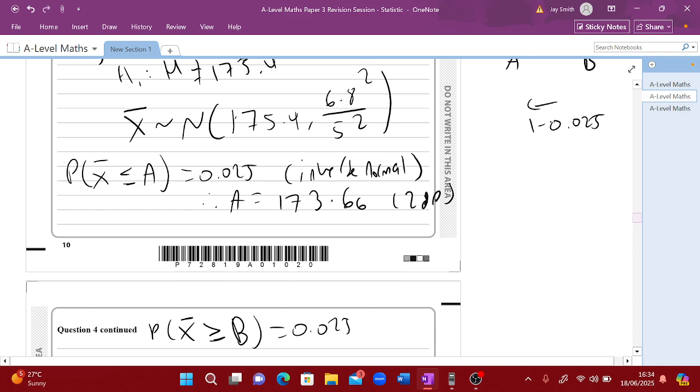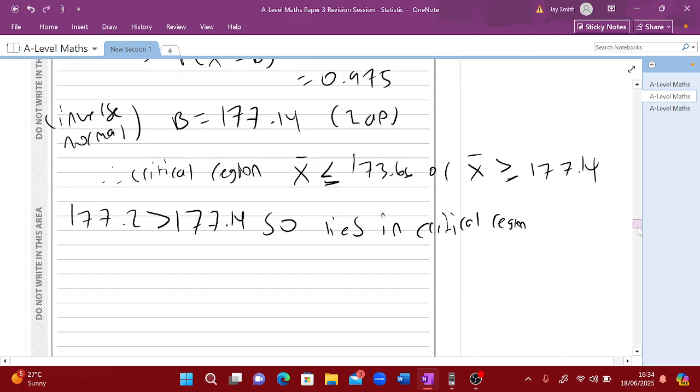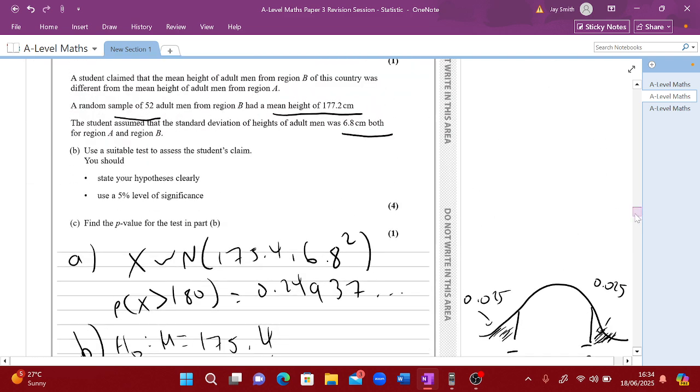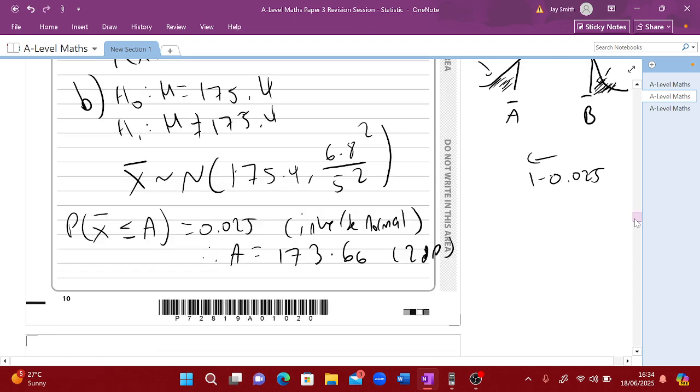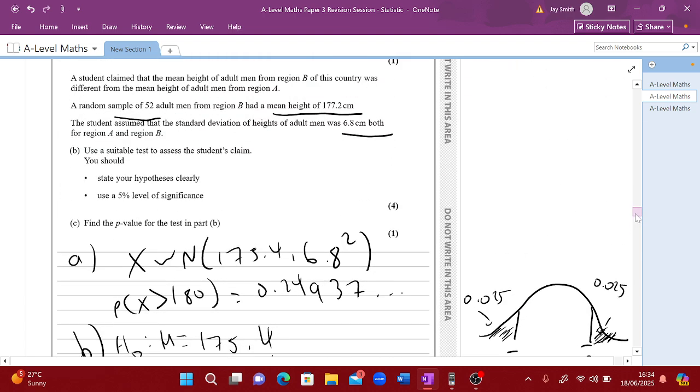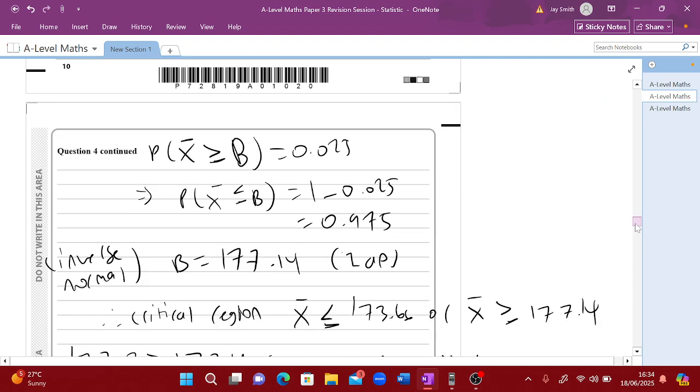Alternatively, what you could say is, okay, let's do it the other way. I'm going to say simply the probability of x bar being 177.2. So 177.2.